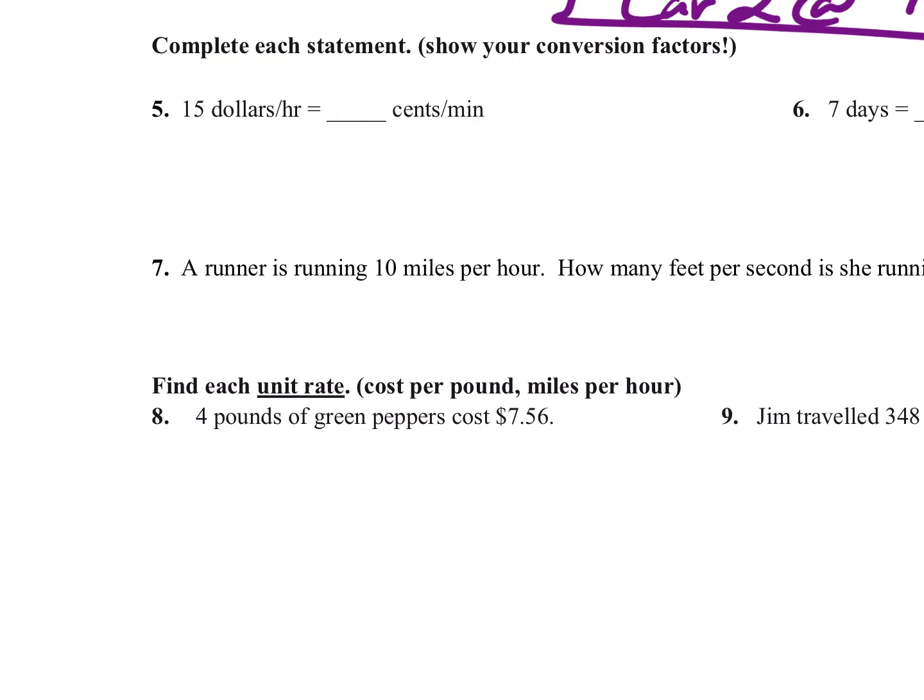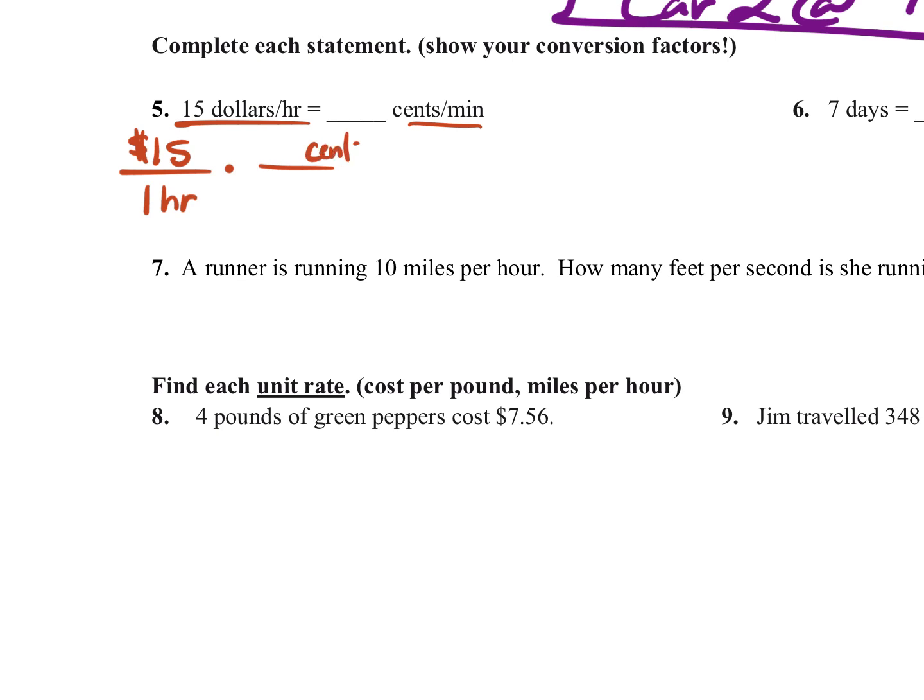Okay, let's do number 5. This is $15 per 1 hour, right? That's the starting setup. We want to get to cents per minute. What do you want to do first? Money. Okay, so if we're going to do money first, what goes on top and what goes on bottom?